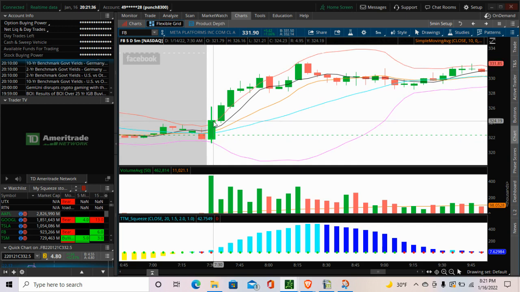So let's just say you're going in here and you're like, okay, we might have something here. It's right at a key level on the daily. Strong green candle coming up. Prices are already going up. And you would have bought at 324. So you would have essentially had about a $3 move already in here, right? So now if you would have bought, you could have bought maybe 7 out from the 324, right?